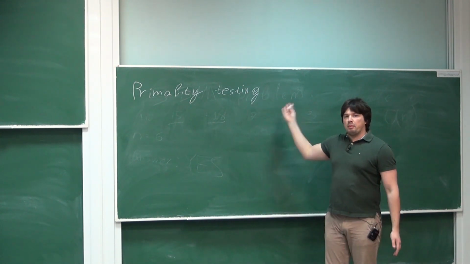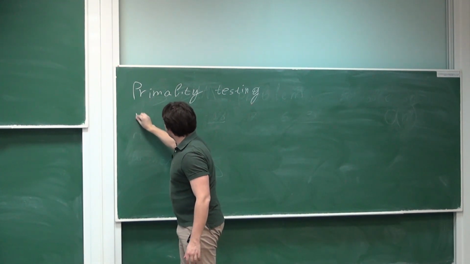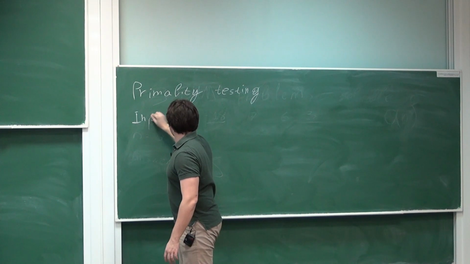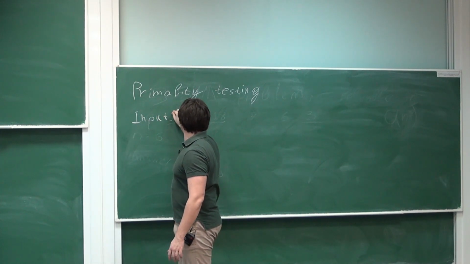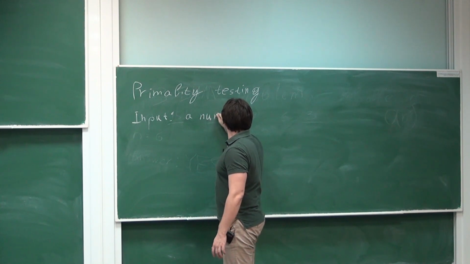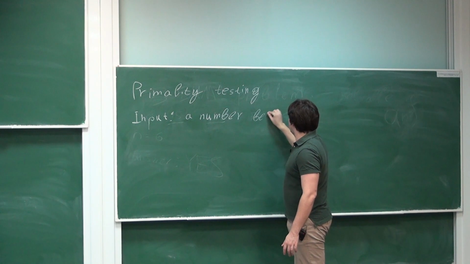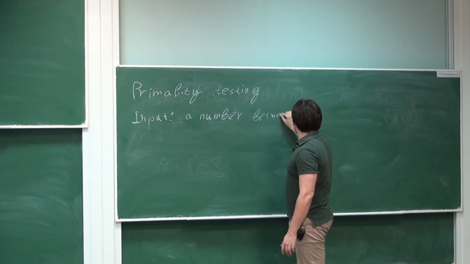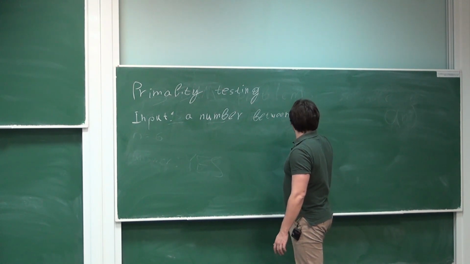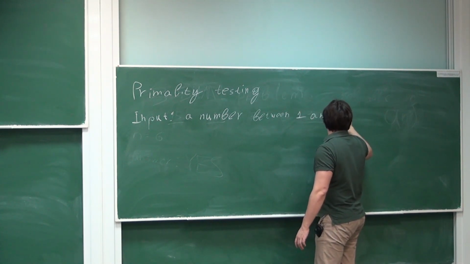So a problem called Primality Testing. You're given a number. Input: a number x between 1 and n.